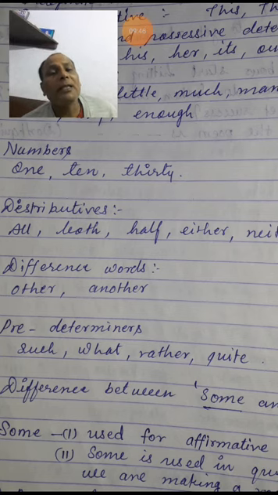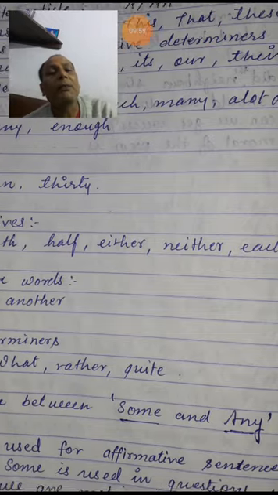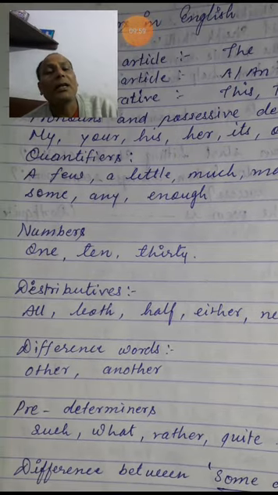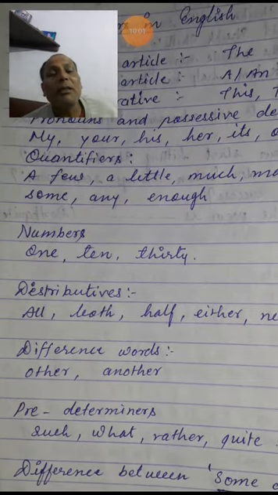All stands for singular, both stands for plural, half, either, neither stand for singular, each, every stand for singular, and these are the distributives in determiners. Numbers 1, 10, 30, 40 also stand for the singular.